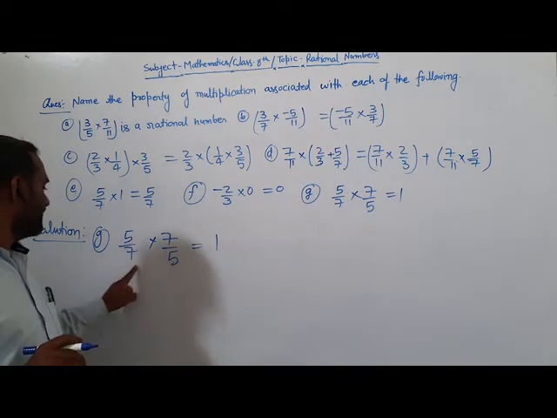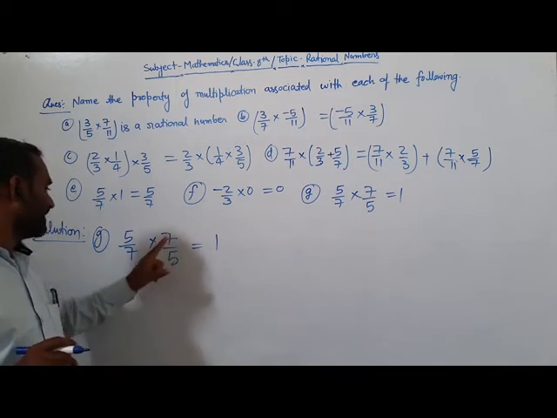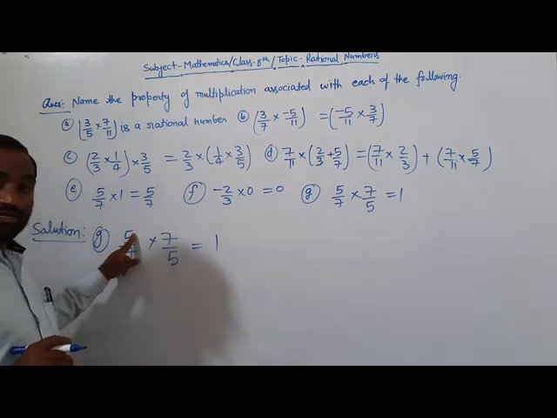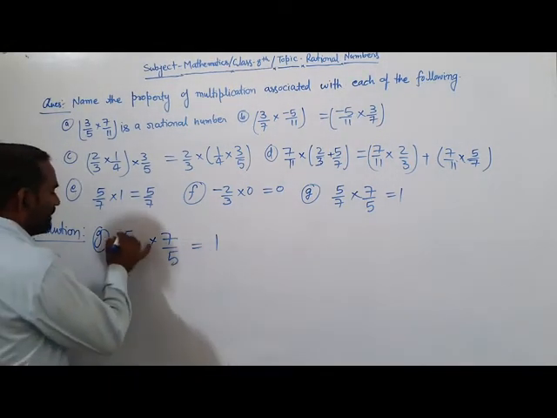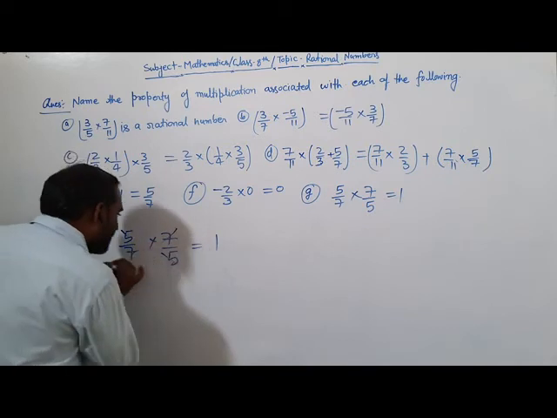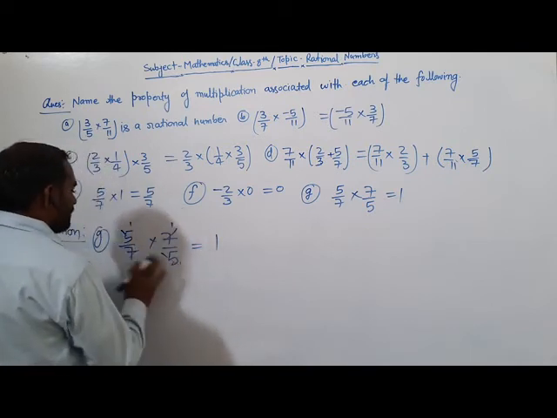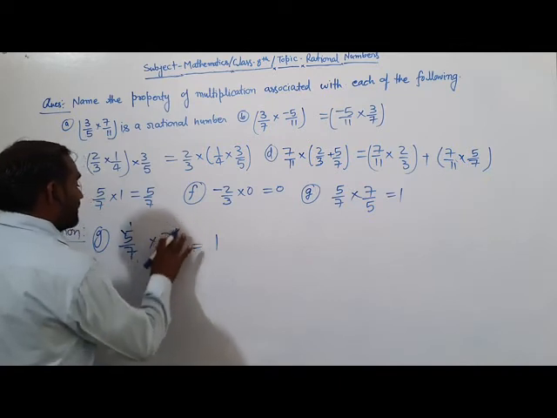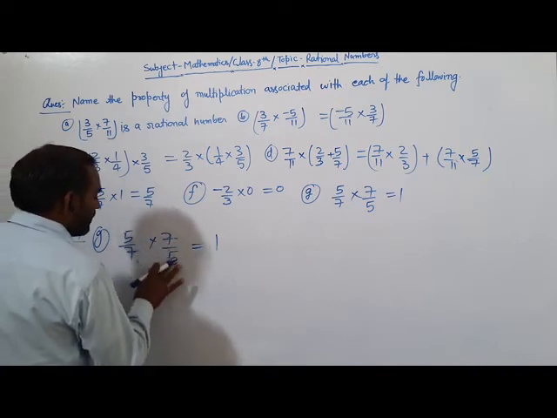जैसे 5 by 7: here 7 is the denominator but in the other number 7 is the numerator. Here 5 is the numerator but in the other it is the denominator. When we multiply, 5 on 5, 7 on 7, we get 1. So this is called the multiplicative inverse property.